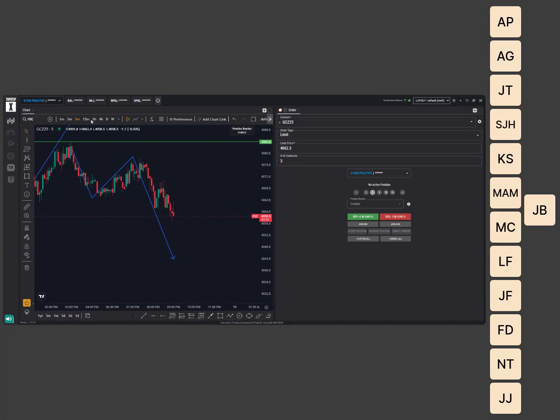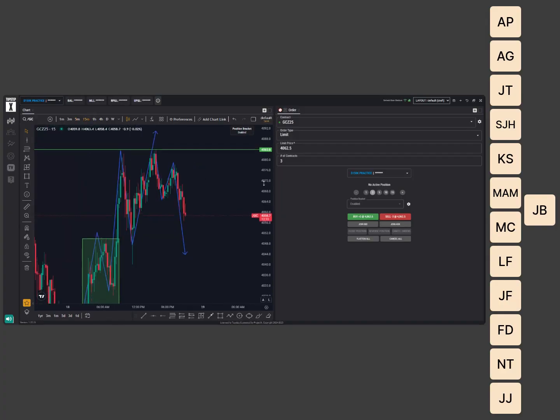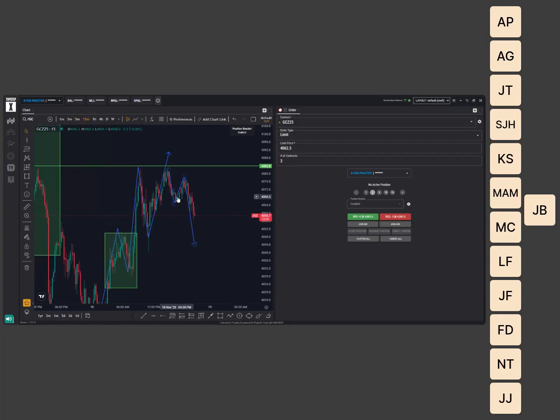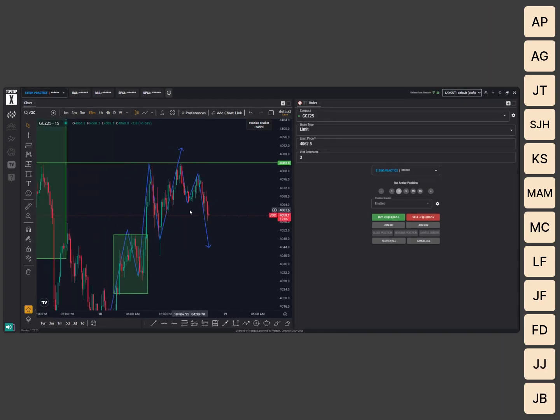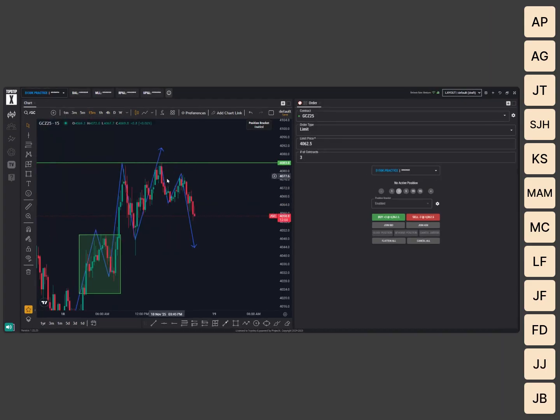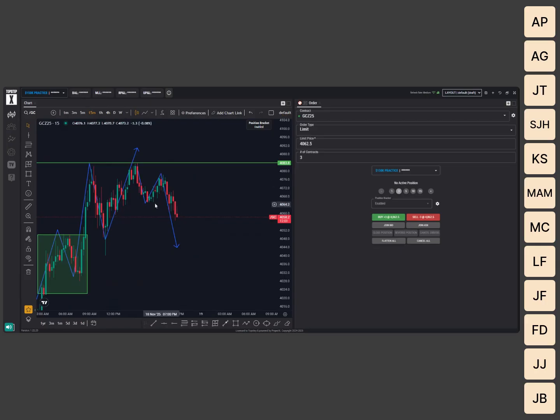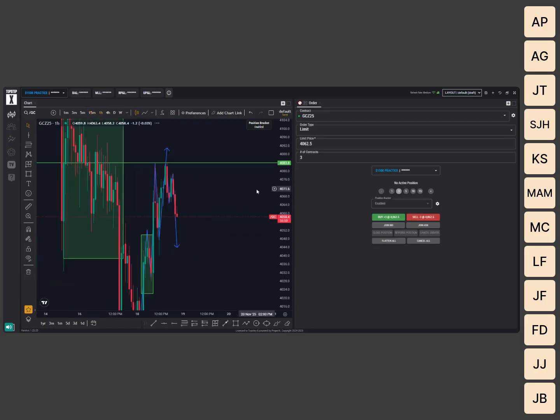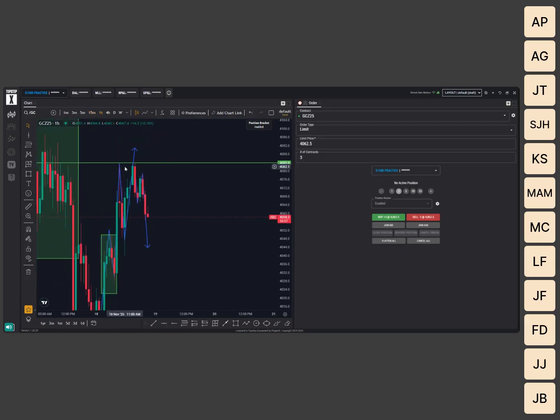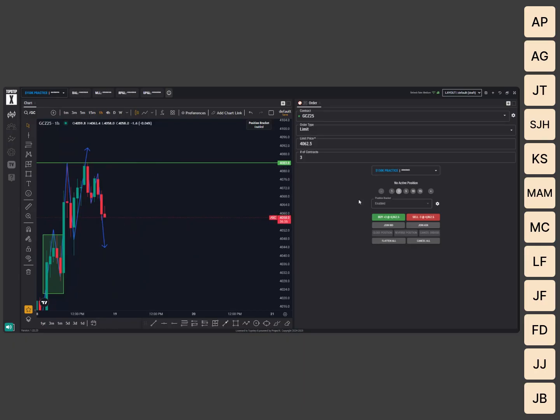So what does that mean? If structure breaks on the 1 hour or on the 15-minute, like if we're breaking to the downside or breaking to the upside, it's just retracing somewhere on the 1 hour. That is a key thing to note.